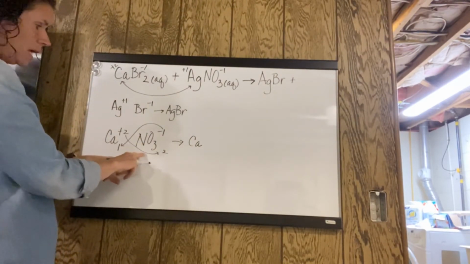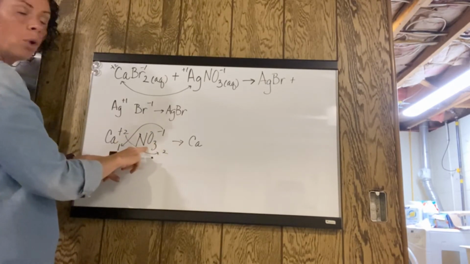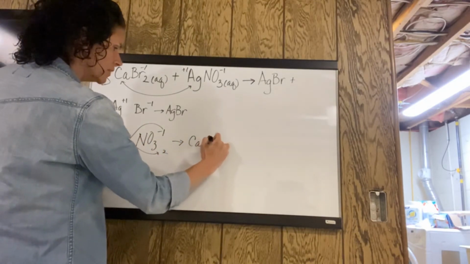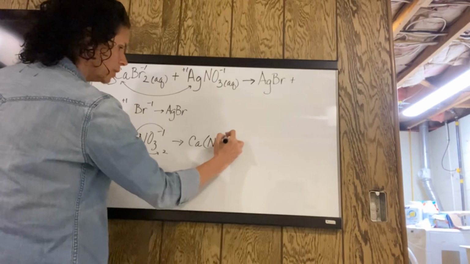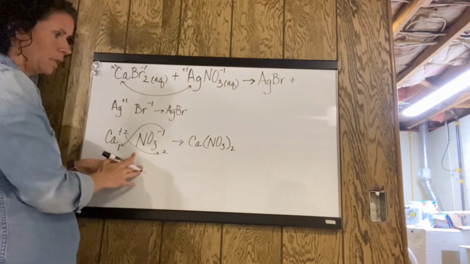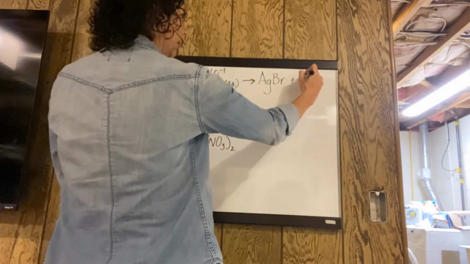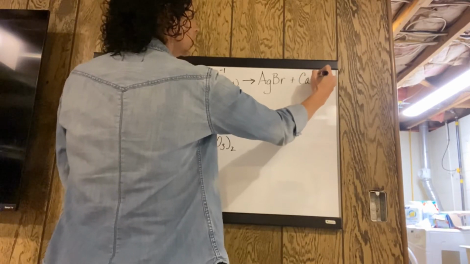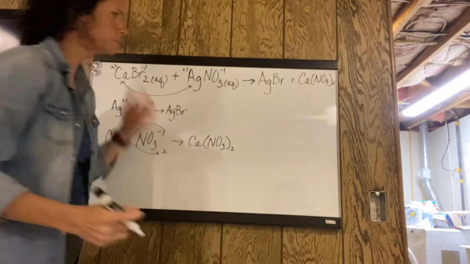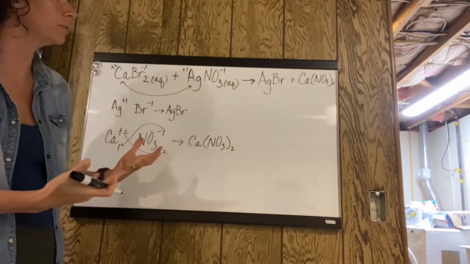But remember, this whole thing, I need 2 of this whole thing. Whenever I need more than 1 of a polyatomic ion, it has to go in parentheses. So my nitrate is NO3 and I need 2 of them. So this is the formula for the second part of this reaction: Ca(NO3)2. And those are the two products of this double replacement reaction.